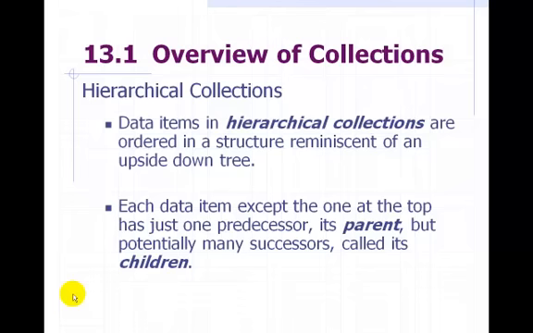You might think that we've already covered hierarchical collections, but what we've done is talk about hierarchical organization of objects. A hierarchical collection uses a lot of the same words as far as parent and child relationship, but these are things like binary trees, tertiary trees, and it is, instead of a list, a way that you would store one object relative to another.